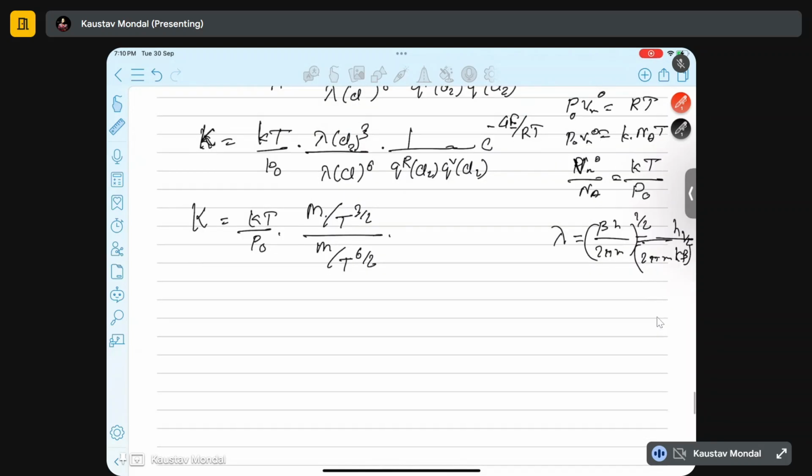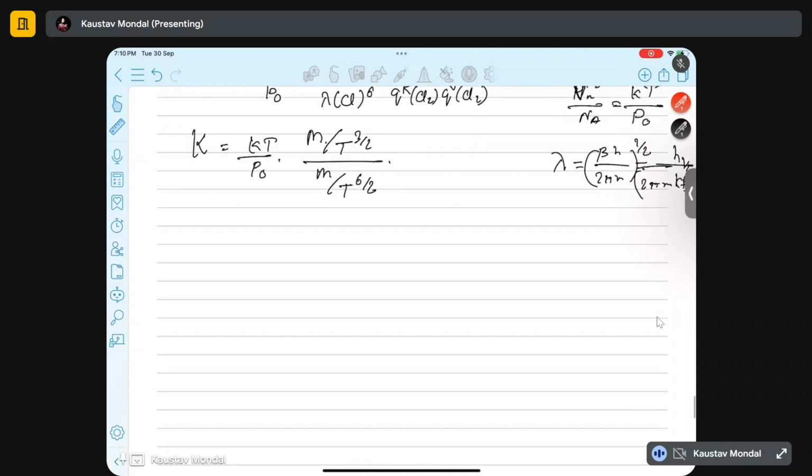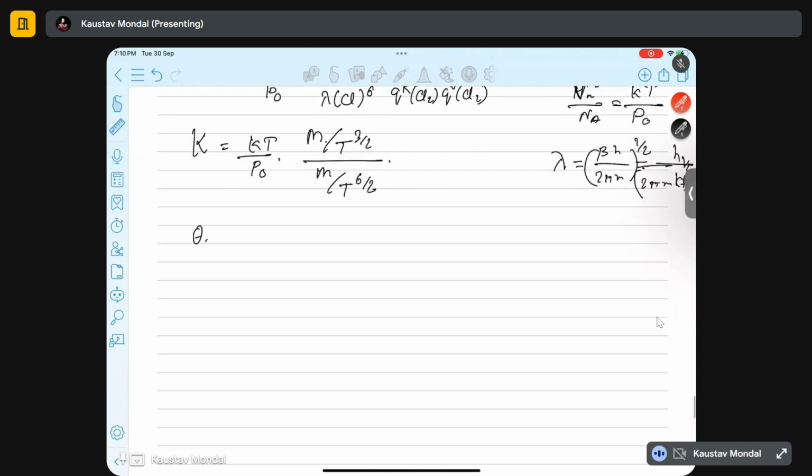And for the QRs, we know, if temperature you have to check, theta R is basically given by hcB by k. The rotational constant B is given in the problem here.